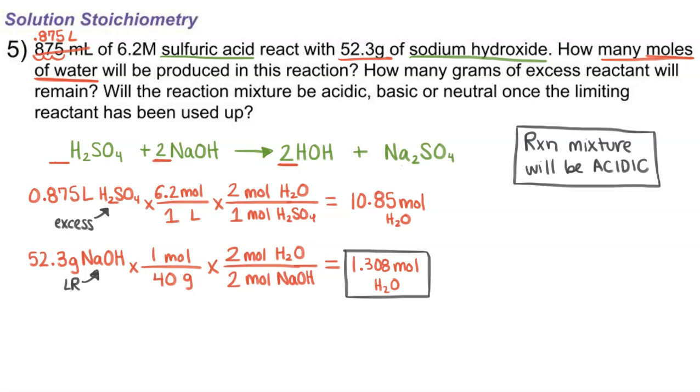So we'll start with the 0.875 liters times the molarity, 6.2 moles per 1 liter. And then 1 mole of H2SO4 is equal to some number of grams of H2SO4.